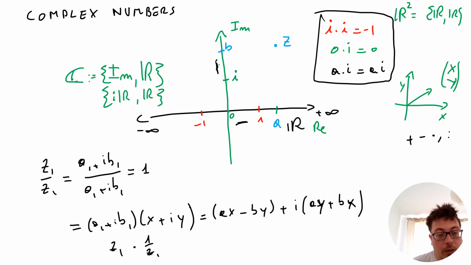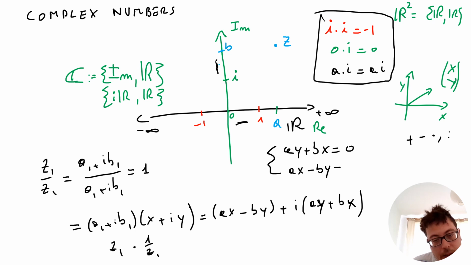So we want this to be 1. How do we do it? So we have two conditions. We have ay plus bx must be equal to 0, and ax minus by is equal to 1.